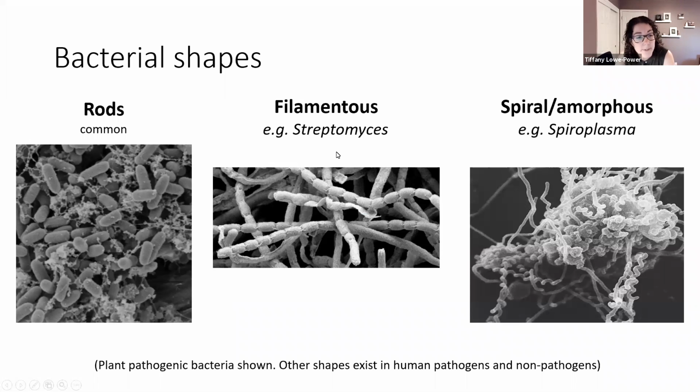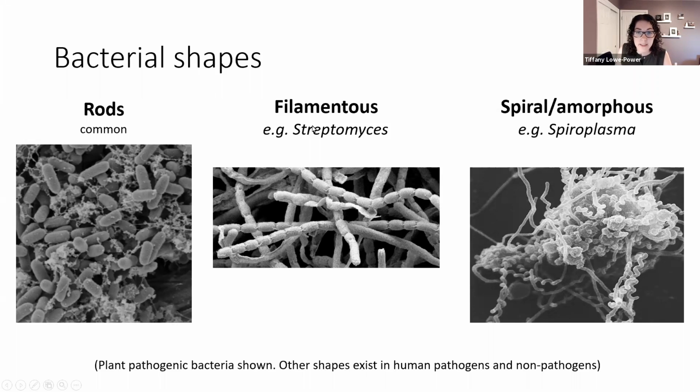Bacteria can come in a handful of shapes and sizes. They're not as creative with their cell biology as we'll see in the fungi and oomycetes, but there's some variation. So bacteria, many of them are rod shape.